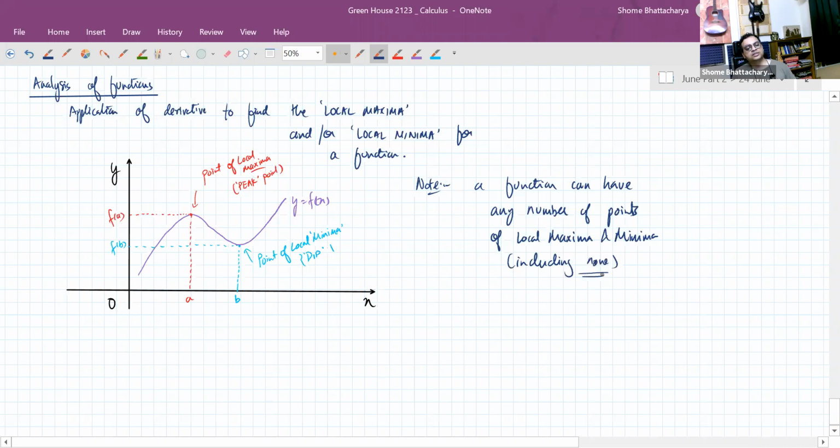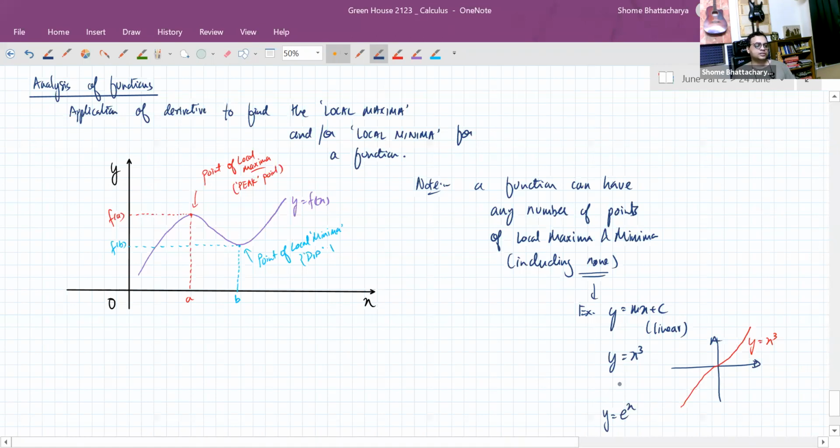So examples of functions which have none: any linear function, or the function y equal to x cube. Look at the graph of y equal to x cube. It's like this. It's a curved graph, but it does not have a peak or a dip point. So it does not have any local maximum or minimum. Okay. Or y is equal to e raised power x. Go back to the graph we had drawn of e raised power x.